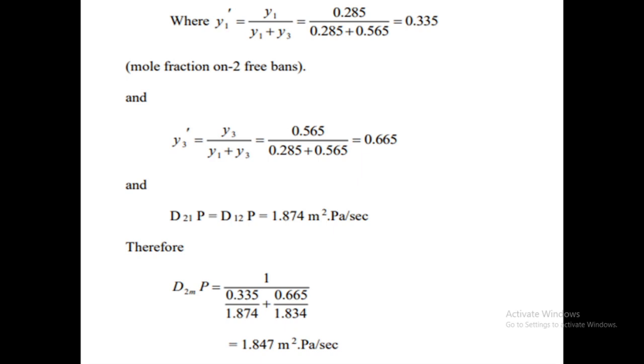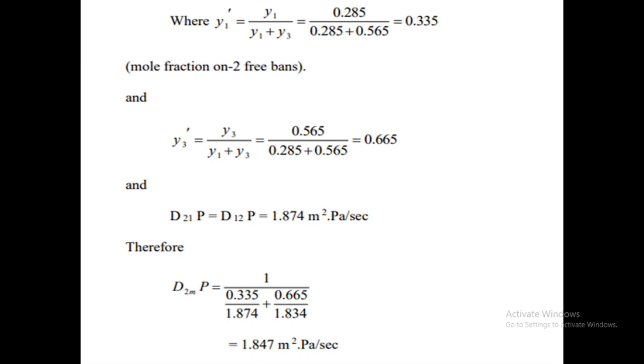Are you clear? Okay. So in this case also D2M into P is equal to 1 divided by y1 dash divided by D21 plus y3 dash divided by D23. So take all the values and find the answer, 1.847 meter square Pascal per second.